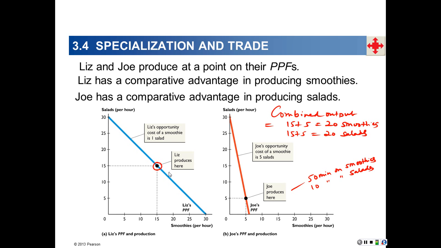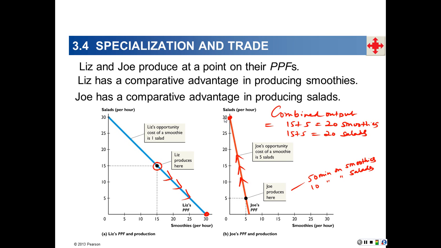So we move her from that point on her PPF, we move her to this point. And we ask Joe to specialize in the item in which he has a comparative advantage. What good is that? So we basically move him this way, here.